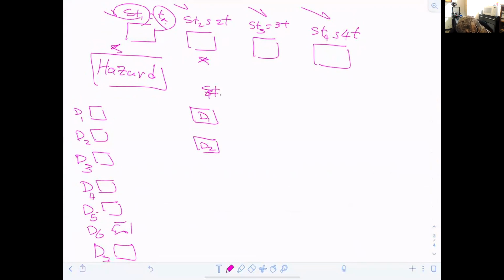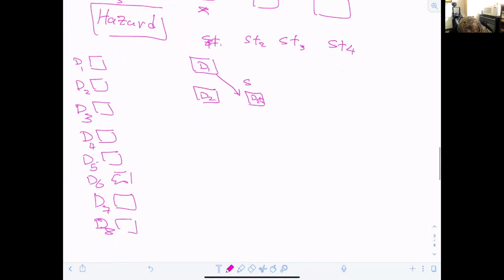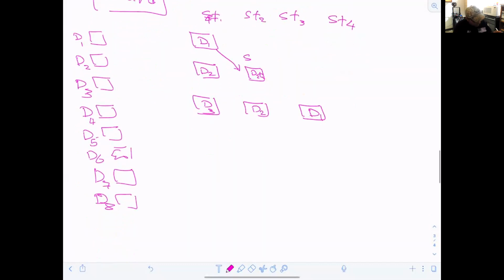That's ST1, ST2, ST3, ST4. This one will be finished by ST1 and will be here in ST2, so it's D2. Then D3 will be here, D2 there, and D1 there. Then the fourth is D4 here, D3 there, D2 here, D1 there.